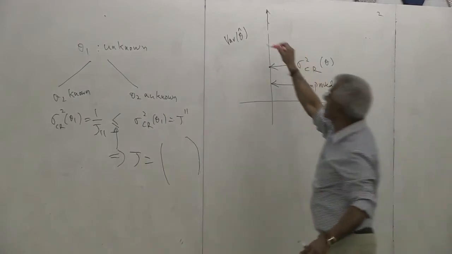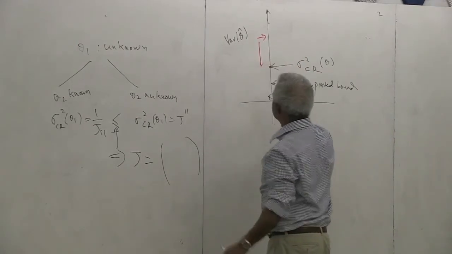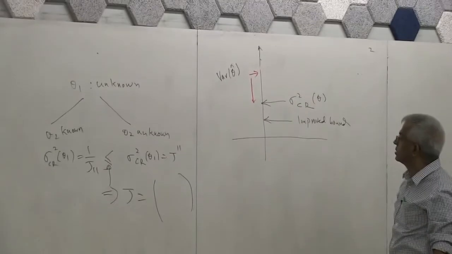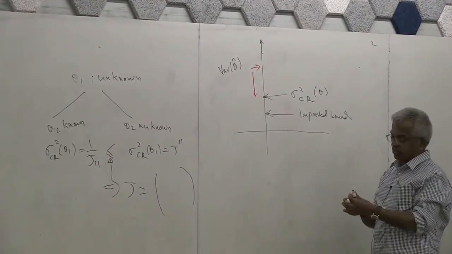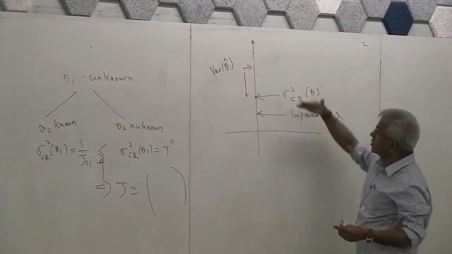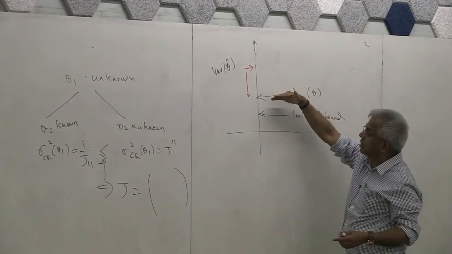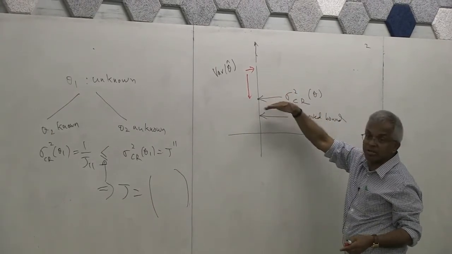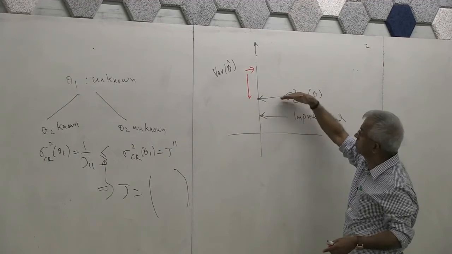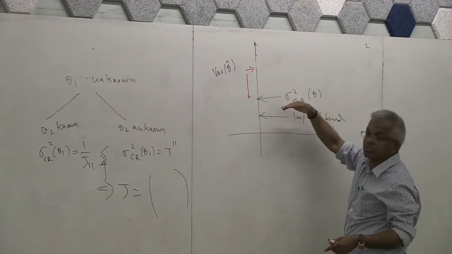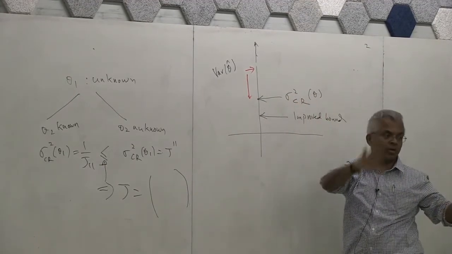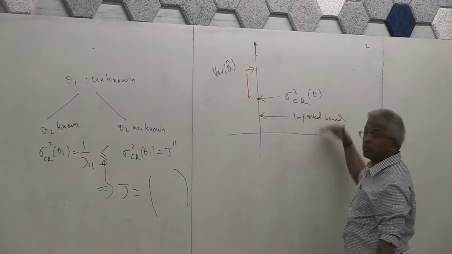So the variance can be here, but it can go up to here. That's the whole point of the Cramer Rao bound. Remember, you want the lower bound to be as low as possible. So is it possible to push this down? That's one problem we have not addressed: improving the bound.